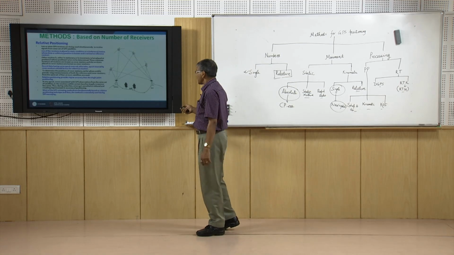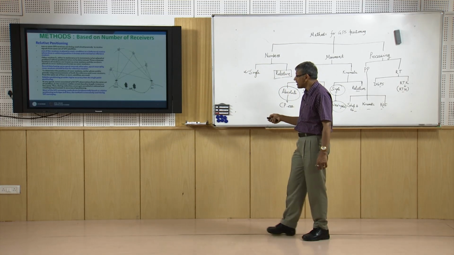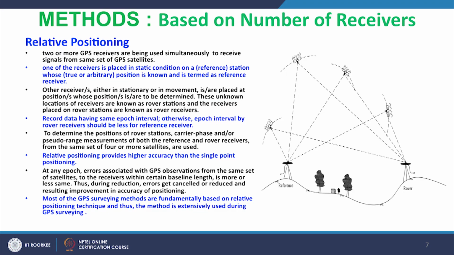The condition is that both reference and rover receivers should receive signals from at least 4 identical satellites. This condition must hold for relative positioning, and the epoch of observation for the rover receiver should be equal to or more than that of the reference receiver.